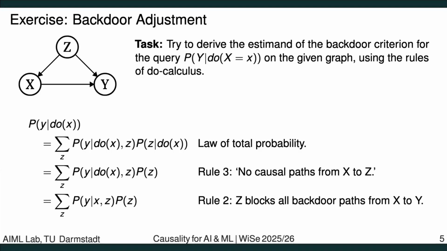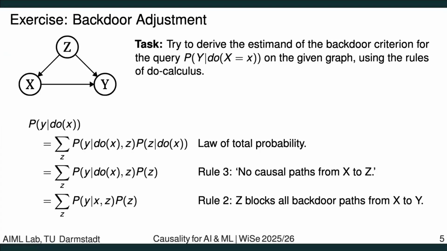Then we just need to get rid of this do(X) in both of these terms. Basically, what we discussed on the slide last time for this latter term: because X has no effect on Z, we can just drop it. So this is rule 3, right?